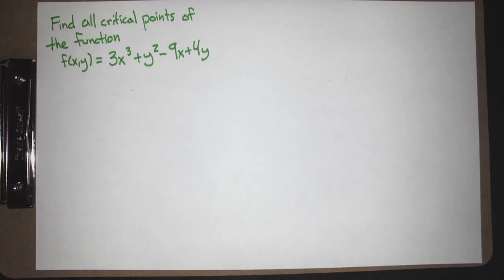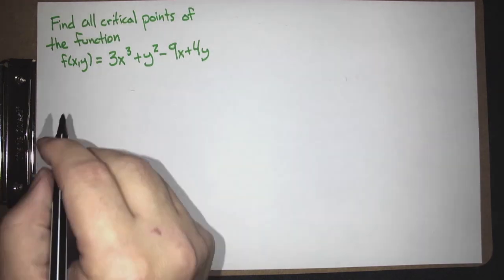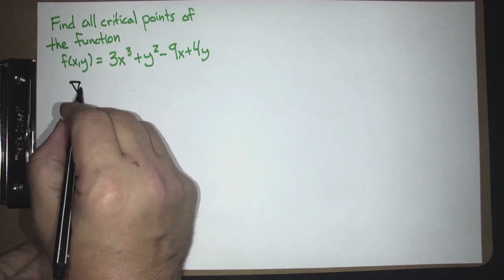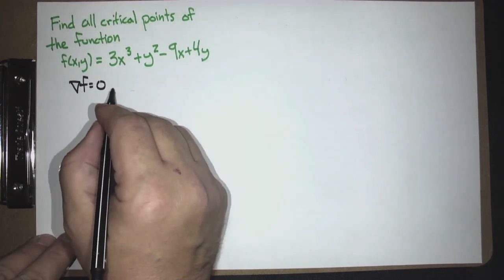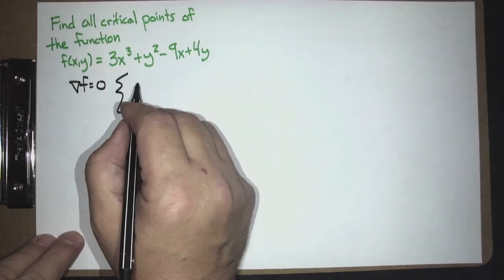Will the gradient ever be undefined? No. So critical points boils down to saying we need the gradient to be 0. So let's work on that. Gradient of f equals 0 really boils down into 2 equations.